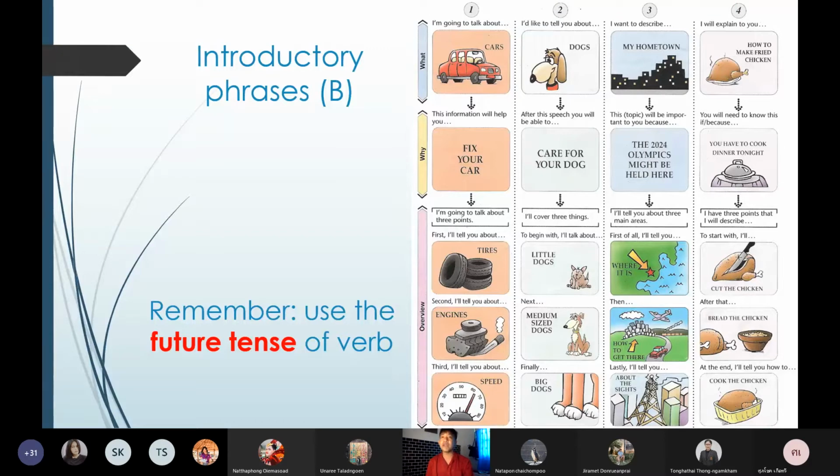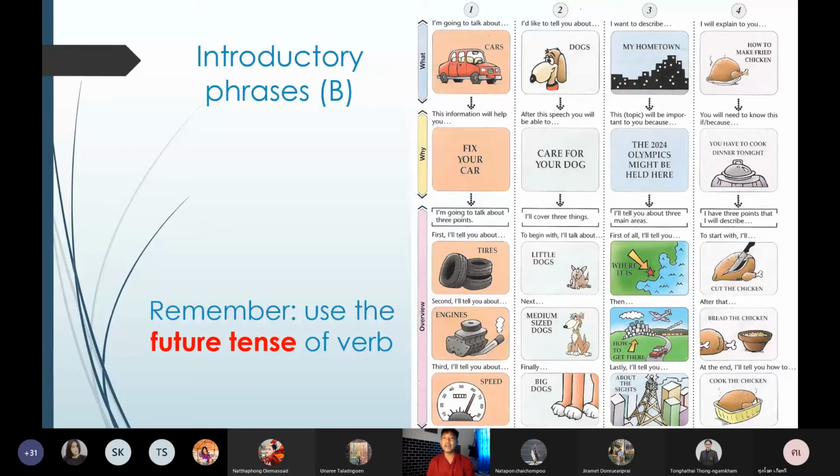If your topic is all about dogs, you could use column number two: I'd like, or I would like. It's okay, this is a shortened form. I'd like to tell you about dogs.